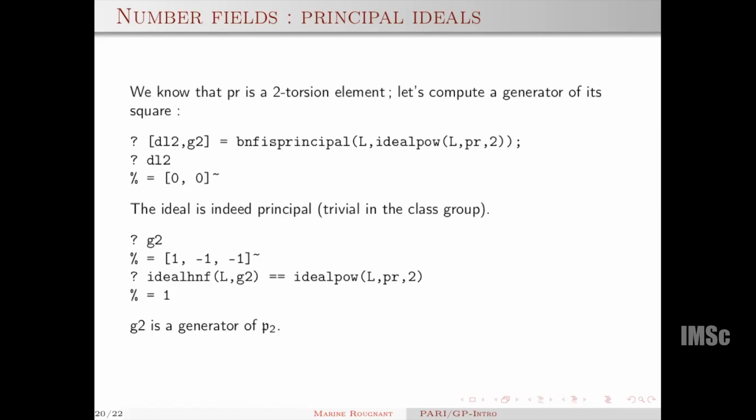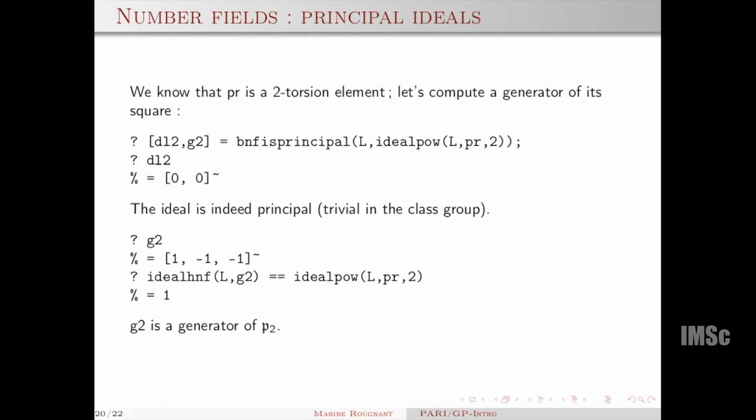So now we know that our prime is two-torsion. We can compute the generator of its square. So I use ideal pow to compute the square of P. And then bnfisprincipal gives me these two things. The first one is the list of exponents. I see 0, 0. That means that my ideal is principal.